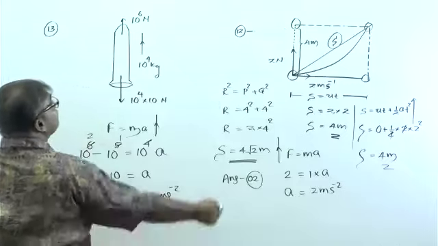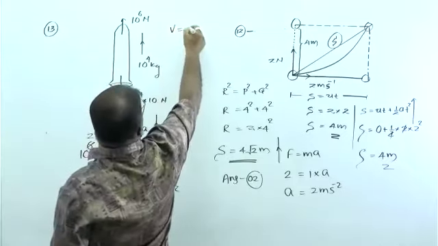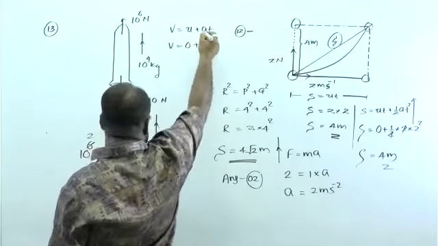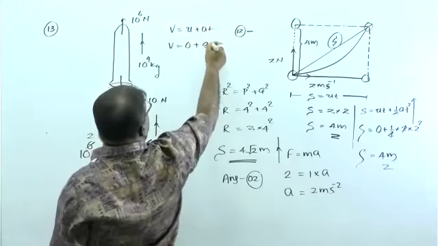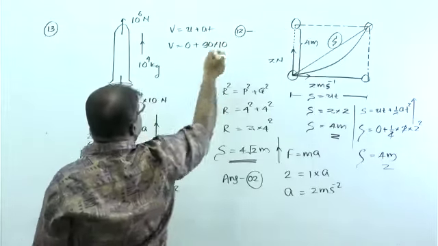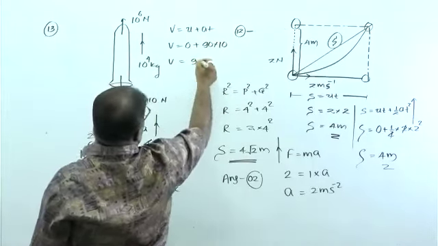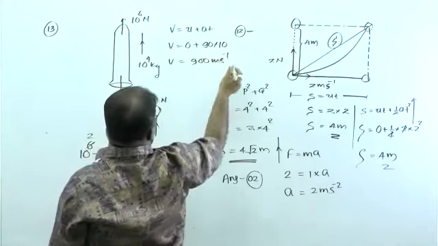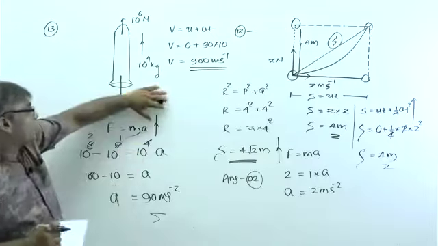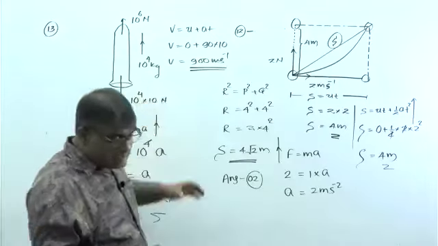But they need the velocity. V equals U plus at, so V equals 0 plus acceleration 90 times T, which is 10. V is not 1000 ms minus 1, it is 900 ms minus 1.